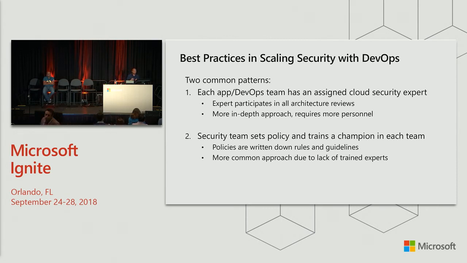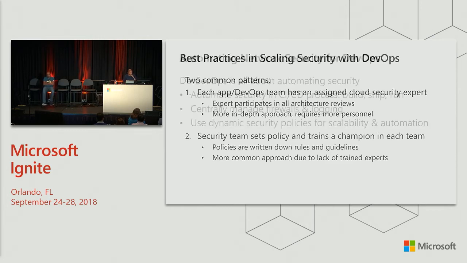And that way, you have a baseline set of policies that you've given, and everybody follows that. So you need to figure out which one works best for you. Maybe it's a journey, you start with number 1 for a while, and then you move to number 2, right? This is something we've heard from CIOs and CISOs quite a bit. If you're initially going into the cloud, maybe number 1 is a better option. Once your teams get a little more mature, maybe number 2 is the better option over time.